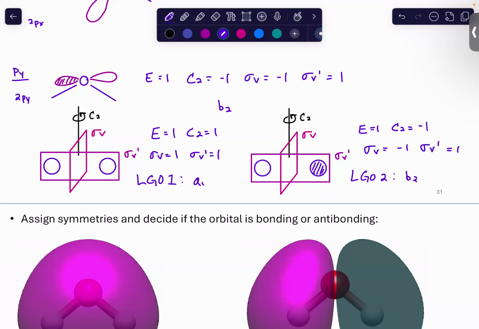So we know the symmetries of the orbitals on the central atom and the symmetries of the ligand group. Now, when we're making orbitals, we know that A1s have to pair with A1s and B2s have to pair with B2s.